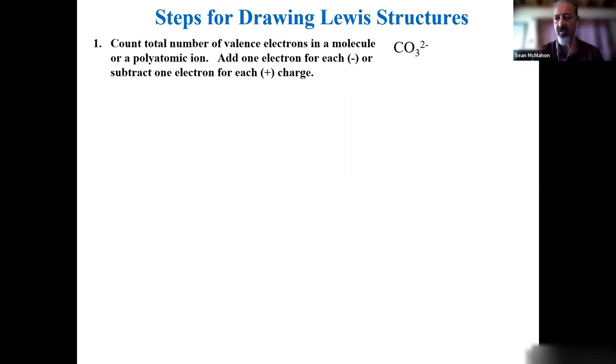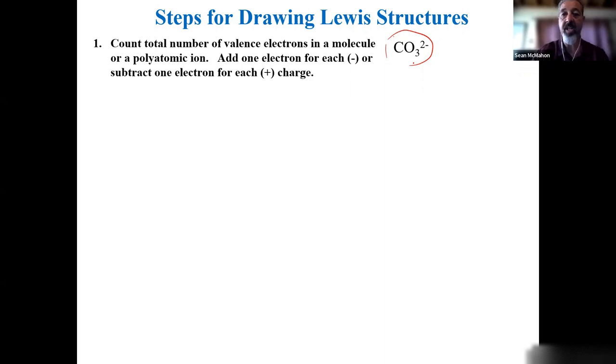So I want to draw the Lewis structure for this species. Now, what is this species? We should be able to name this. This is carbonate. This is one of the 5 non-metal 8s that I told you should know, okay? So the first thing is I have to count the total number of valence electrons.